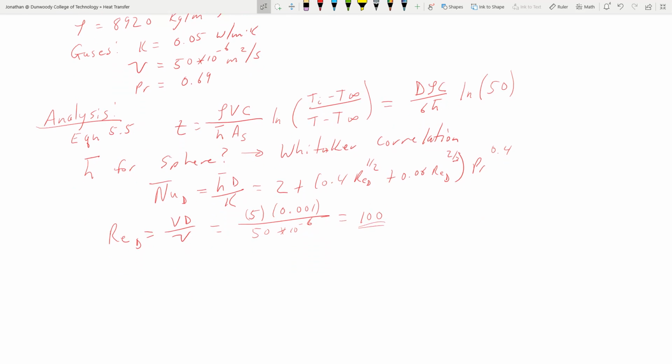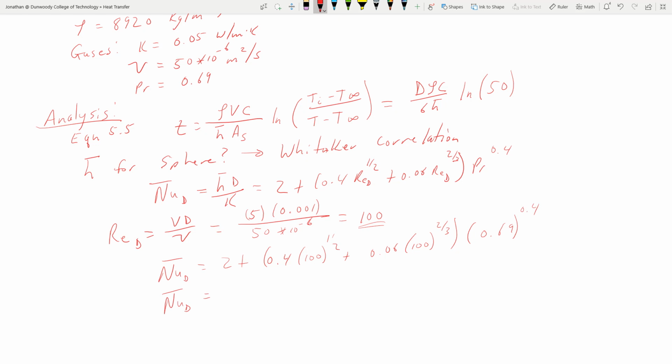So as we look at that, our Nusselt number is going to be 2 plus 0.4 times 100 to the 1/2 plus 0.06 times 100 to the 2/3 times our Prandtl number, 0.69 to the 0.4.